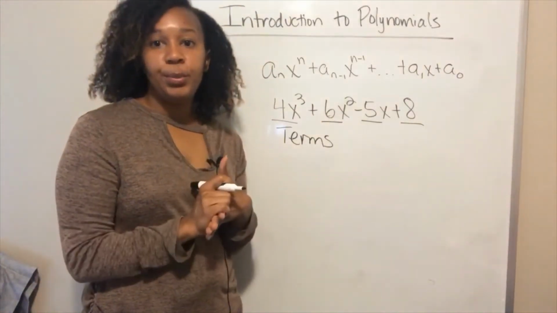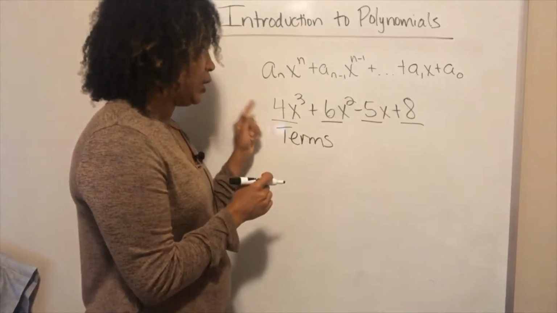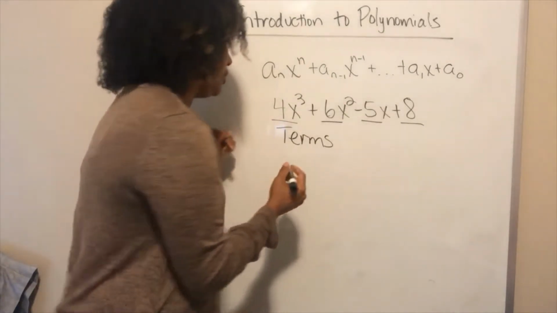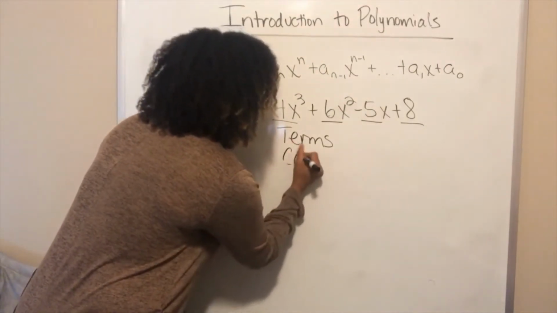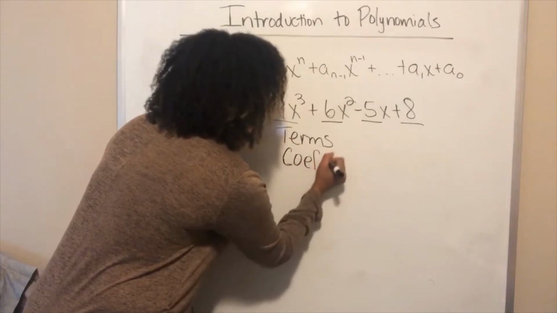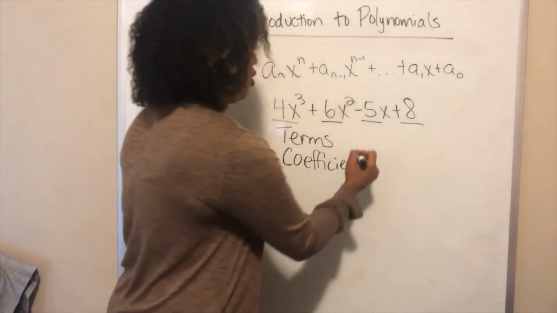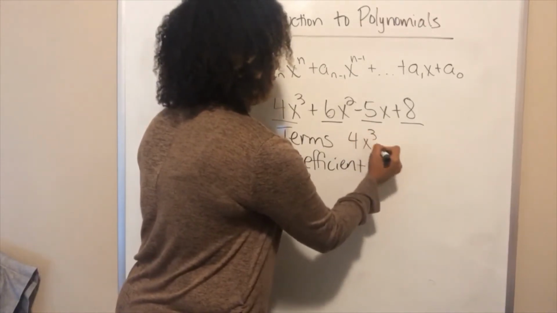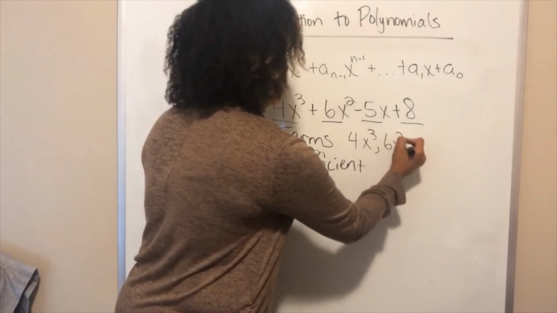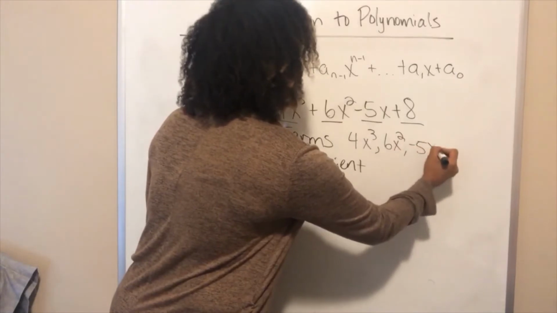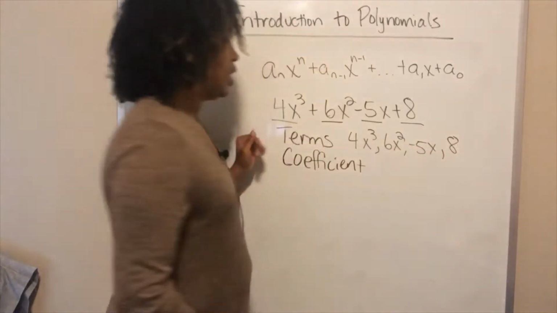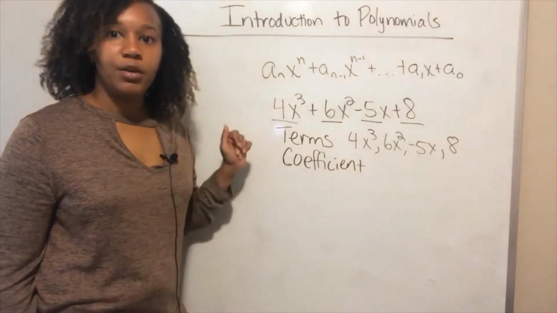Each term has a coefficient and a variable. So the number in front is called a coefficient. So my terms are 4x to the third, 6x squared, negative 5x, and 8. Those are the terms of this polynomial.